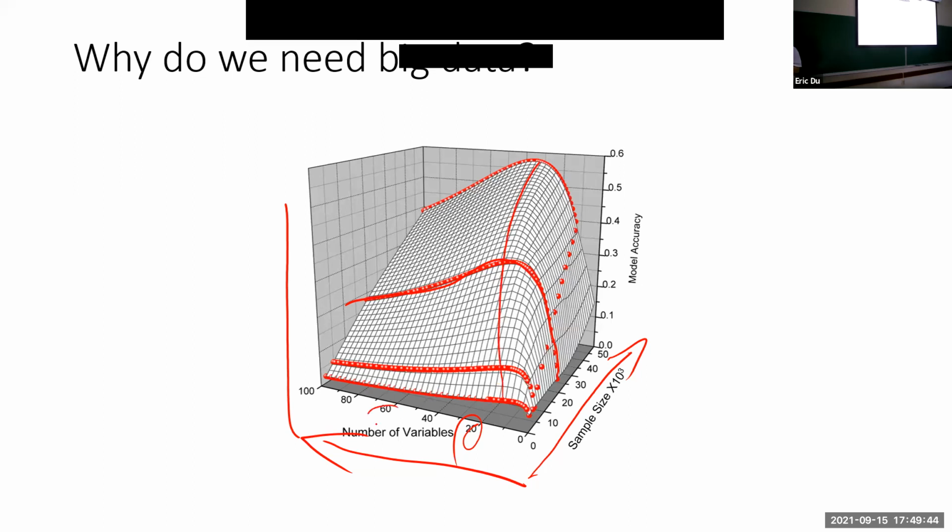Increasing. For a given number of variables, that is always increasing. Make sense? But the problem is what? Can we keep increasing this? The answer is no, because it's so expensive.